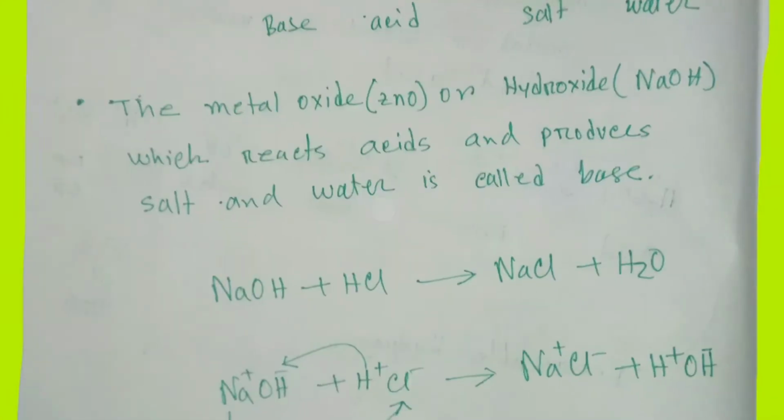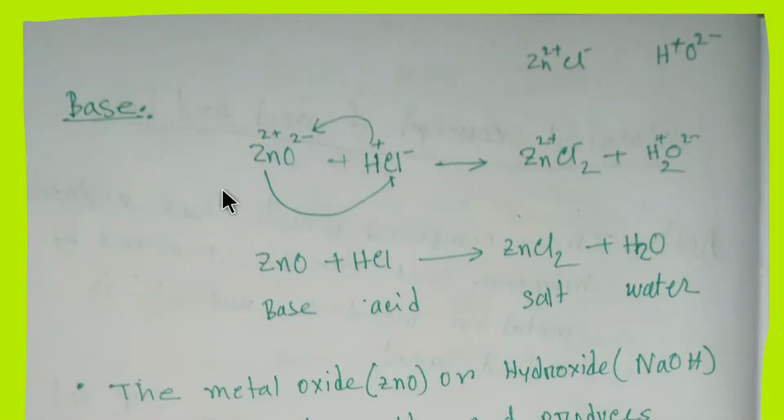Well, base, right? What is base? Well, this is zinc and this is chloride. The oxidation state of zinc is +2 and chloride is -1. This is hydrogen ion, this is oxide ion.